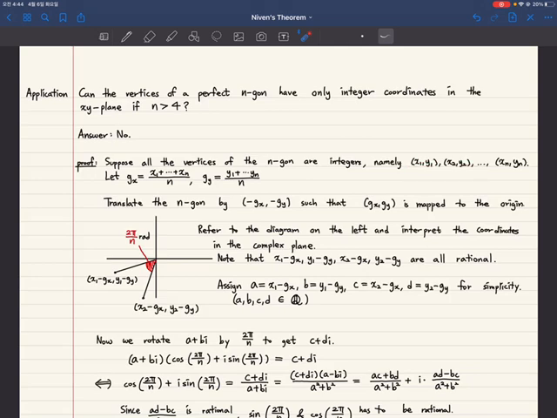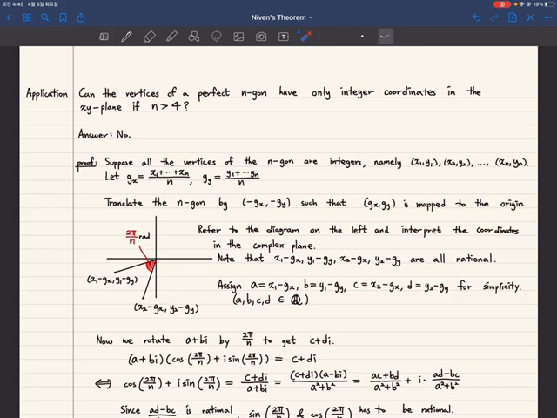We're going to first define g_x and g_y, which are the center of the perfect n-gon. So the center of the perfect n-gon has the formula (g_x, g_y).